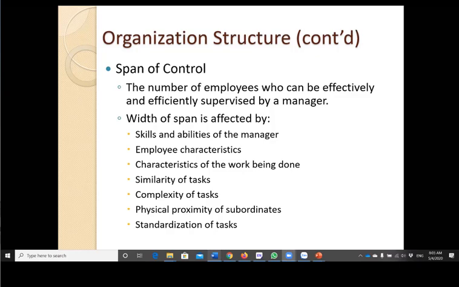And the next thing to consider is the standardization of tasks. Even if the job is very complicated, it can be divided into standardized tasks. It means they will be singular, right?